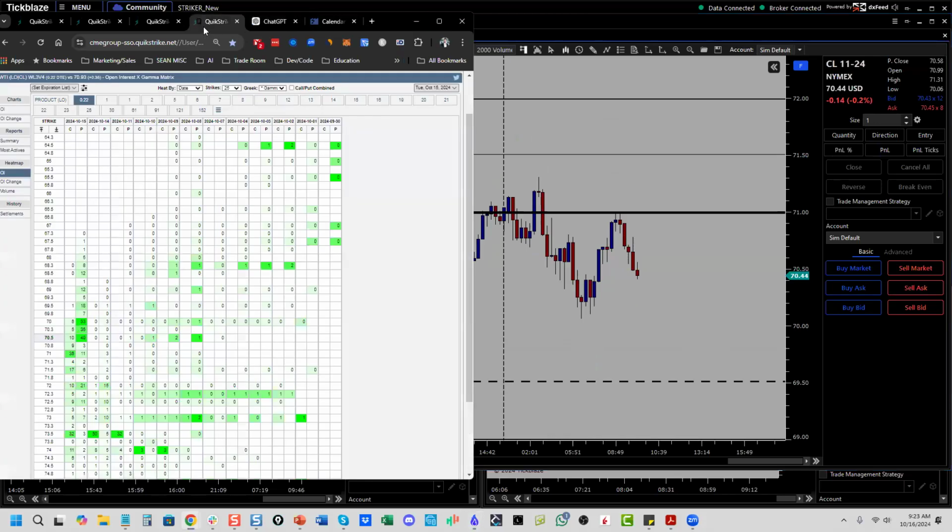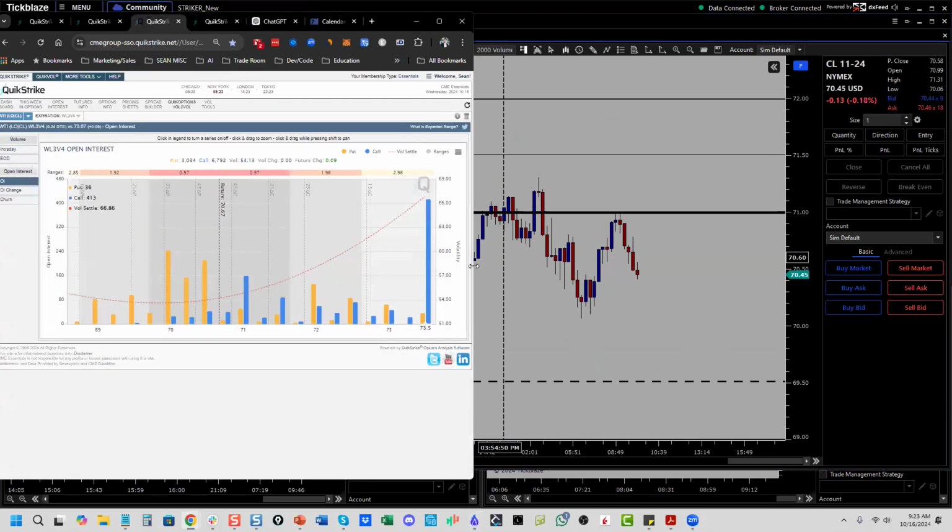Now, if I go here to the image and I go to 70, like I'm asking myself, okay, 70. 70 is right here. 70's got support. 70.3 has got support, and 70.5 has got support. Sometimes the reason why AI doesn't pick these levels up is because there wasn't any gamma backing those levels.